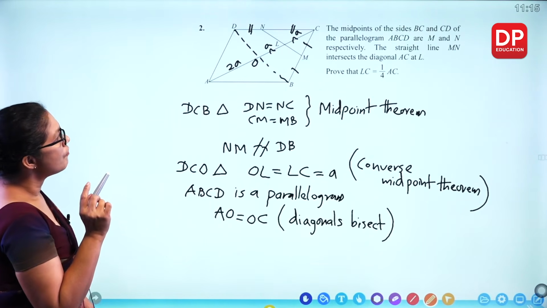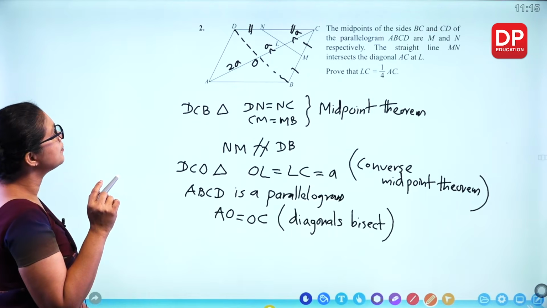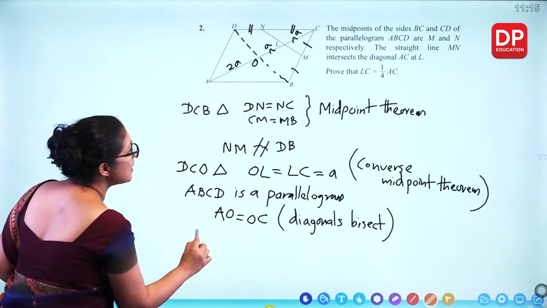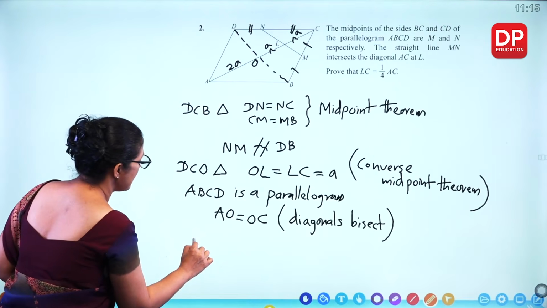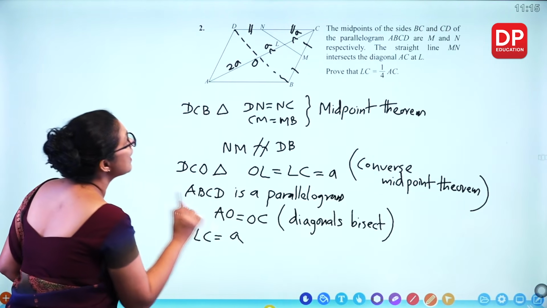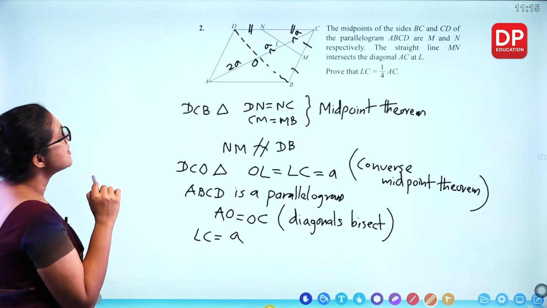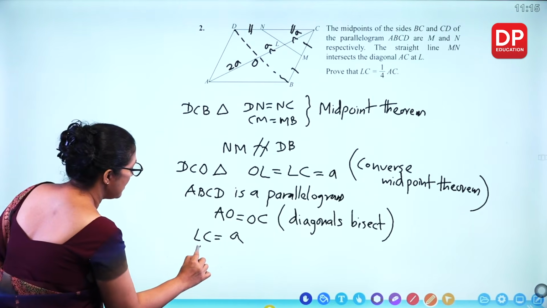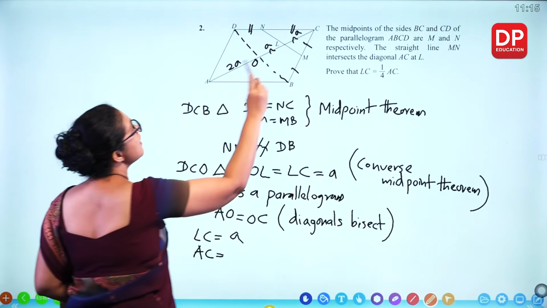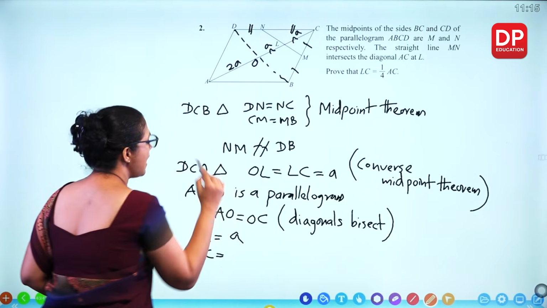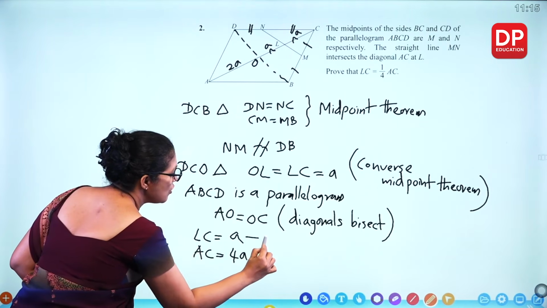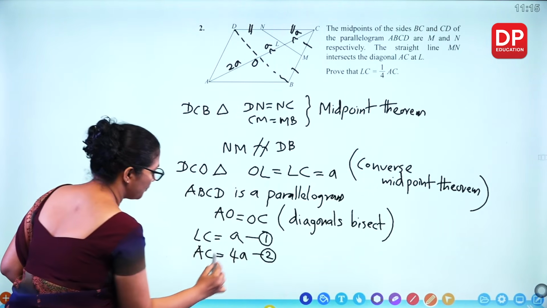Now, what can we say about LC? LC is A and AC is the full length of AC, 2A, A and A, 4A. When you divide these two, what you get?